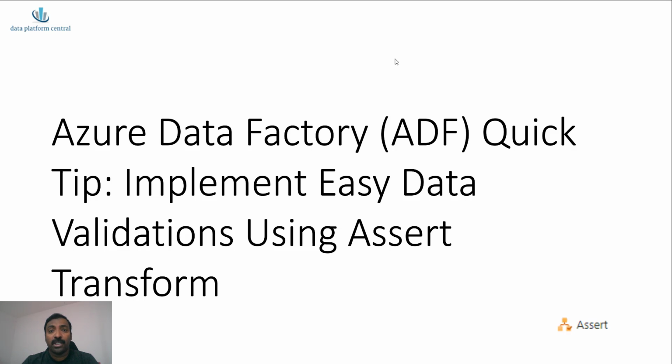Once we implement it, you can make use of the result that the Assert Transformation provides for either populating a value in your database, or for further execution flow manipulations within your ADF pipelines. So let's see how we can make use of this Assert Transformation and implement such a custom requirement based on the quality of the data that you are getting from a source.